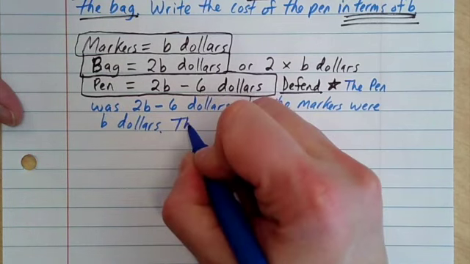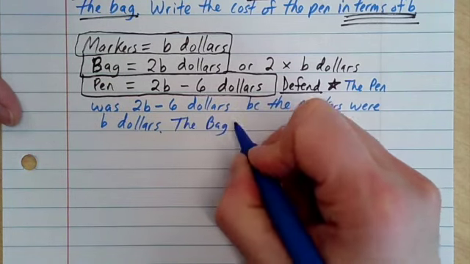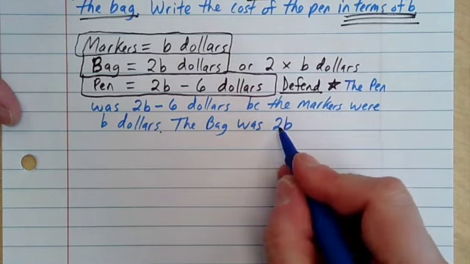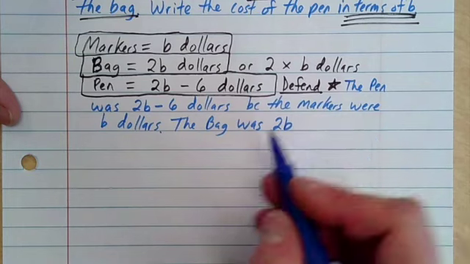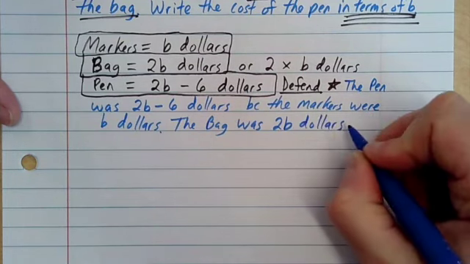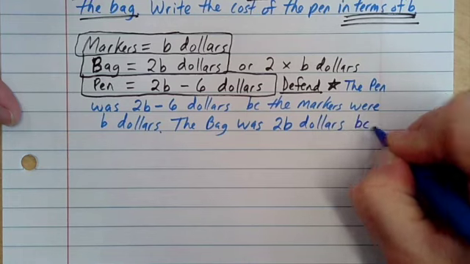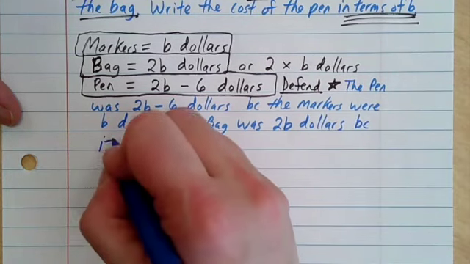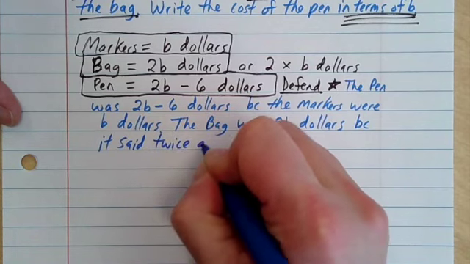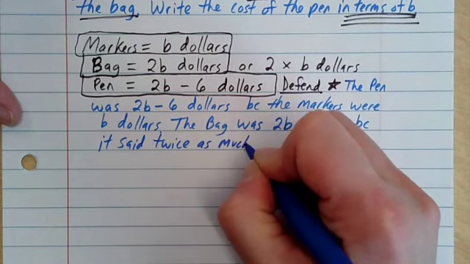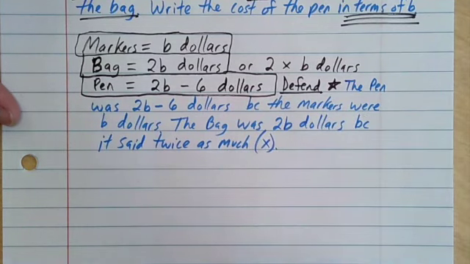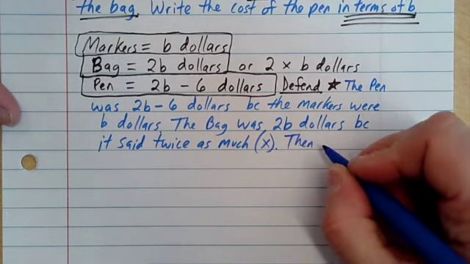The bag was 2 times B, or twice as much, because it said twice as much. So the bag was $2B. Again, BC in my notes because it said twice as much, which means to multiply. And then we finally get to the pen.